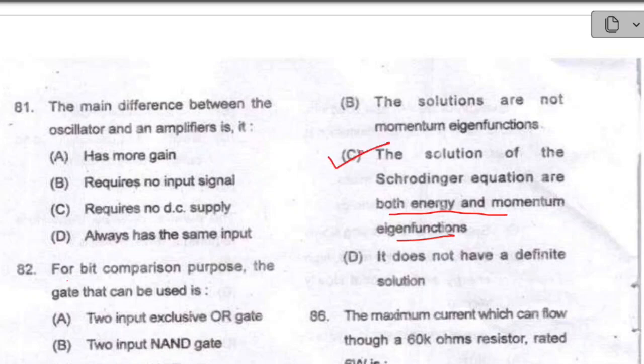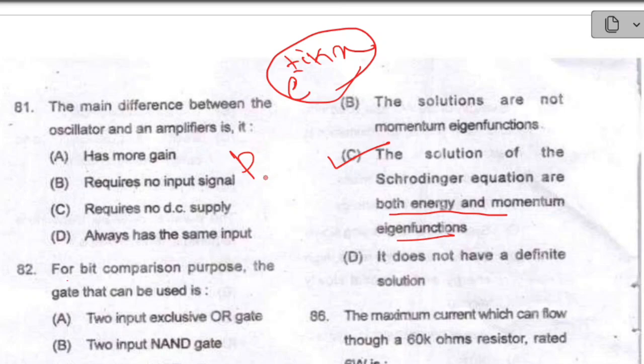Option C is correct. You can see here for a free particle, in the Schrodinger equation we get its solution as a linear combination of exponential plus minus ikx. You can check this linear combination will satisfy the eigenvalue equation for both the momentum operator and the energy operator.